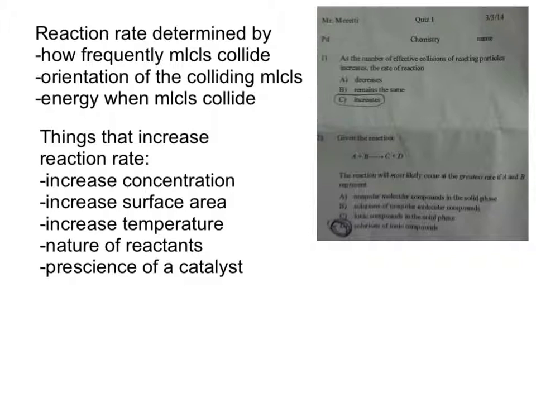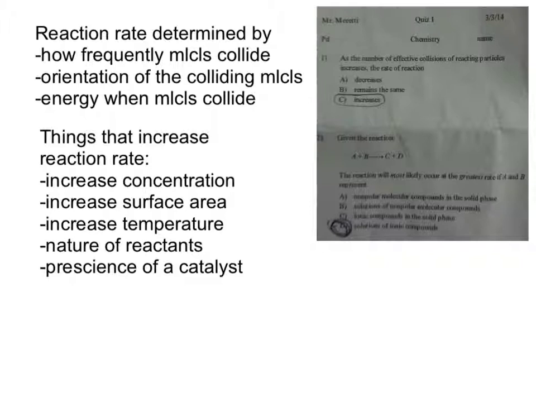So if we increase the number of collisions, let's talk about concentration. If we increase the concentration of molecules, there's going to be more molecules in the same space. So instead of having 5 molecules in a little container, we have 10 molecules in a little container.